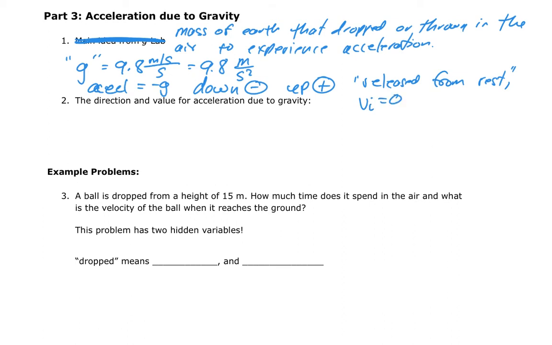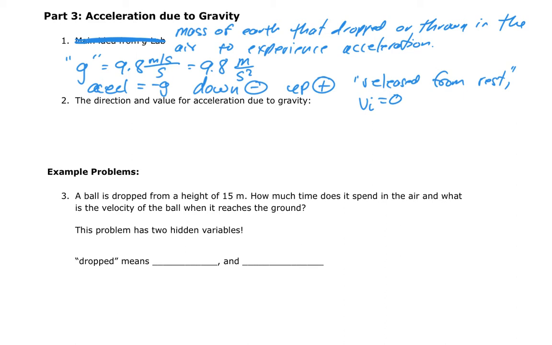So what the acceleration due to gravity is telling me, since it's 9.8 meters per second squared, is that after 1 second of time, if I drop something, that object has gained 9.8 meters per second of velocity. After 2 seconds, it's gained 9.8 meters per second times 2, or 19.6 meters per second. Okay? So when we drop something, we release it from rest, its initial velocity is 0, and it's going to gain velocity at a rate of 9.8 meters per second per second.